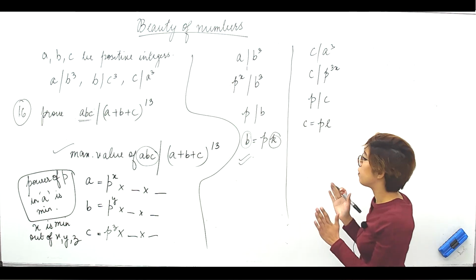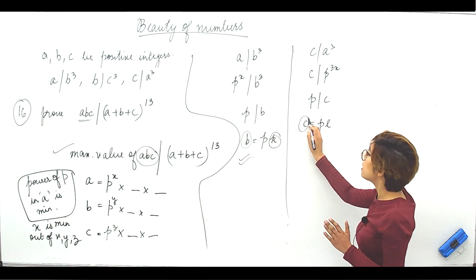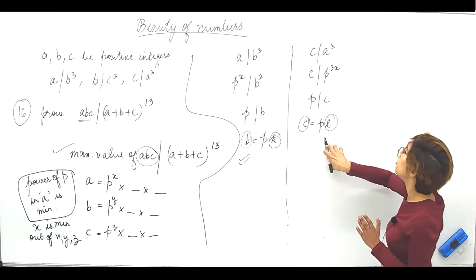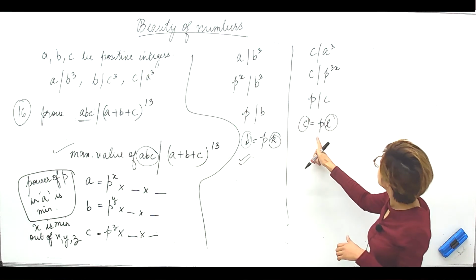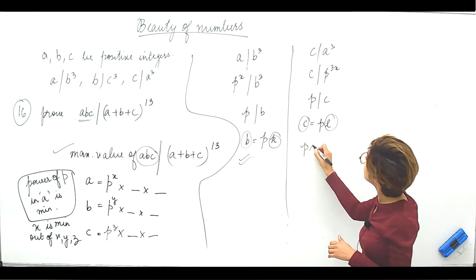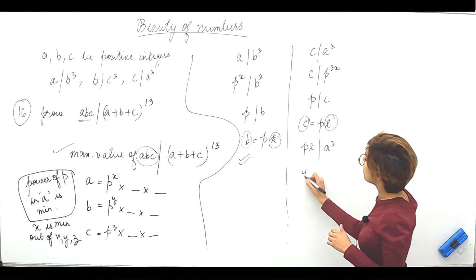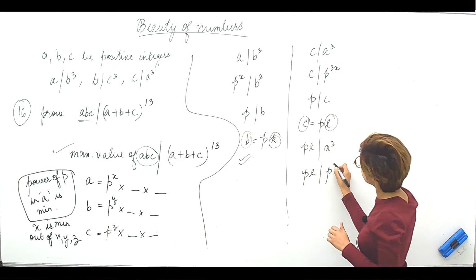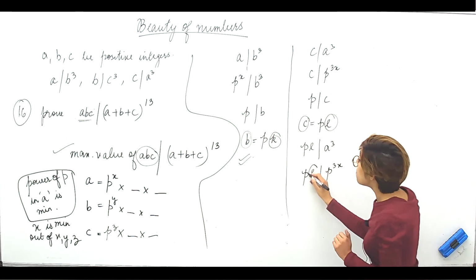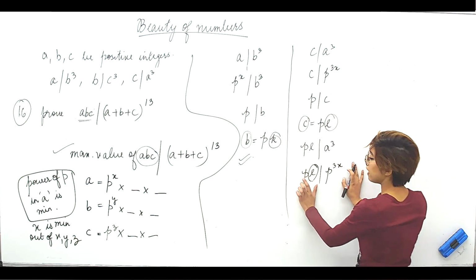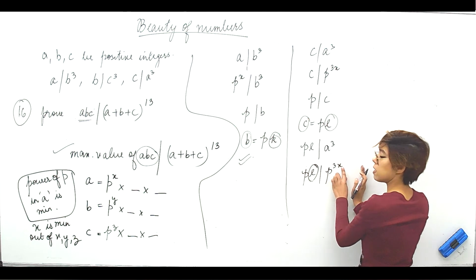Okay, now I have to start. So maximum value of C, that means maximum value of L. Okay, this I have to be very careful about. Now, यहाँ पे देखें ये PL है, so PL divides, अब यहाँ पे था A cube, right? A cube, or I can say PL divides P raised power 3x. Now, I want the maximum value of L, right? The maximum value of L, can you tell me what that is? यहाँ पे P है, यहाँ पे P raised power 3x है.